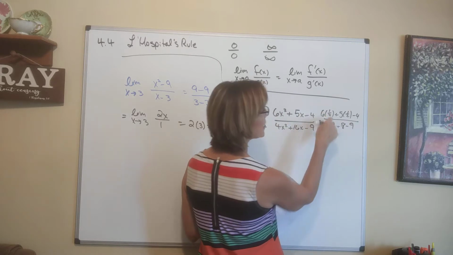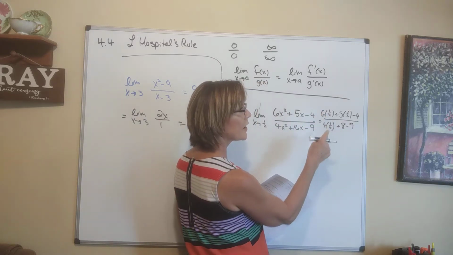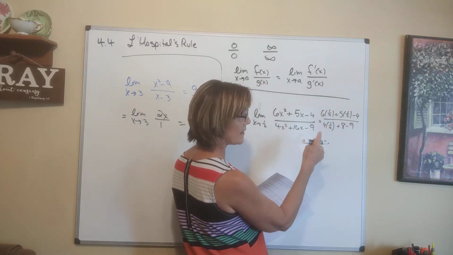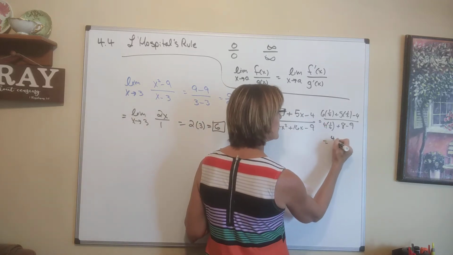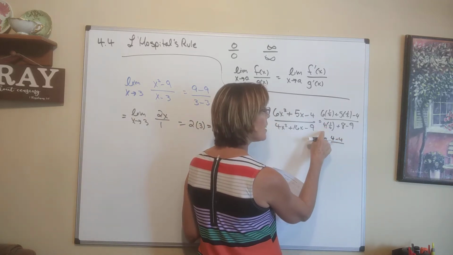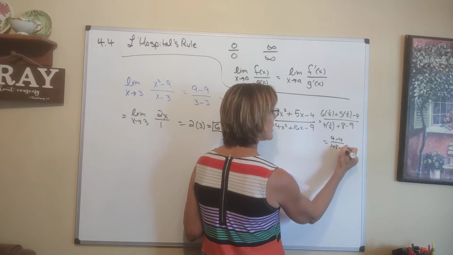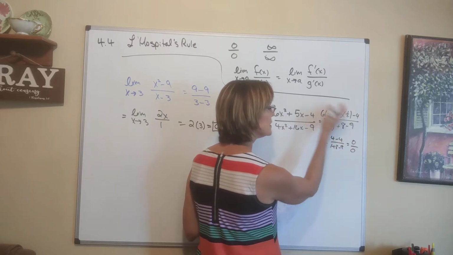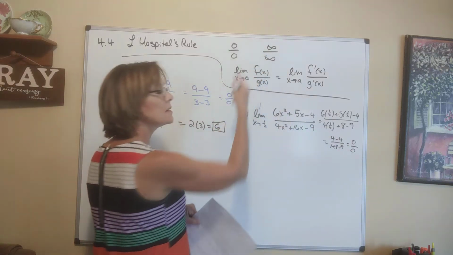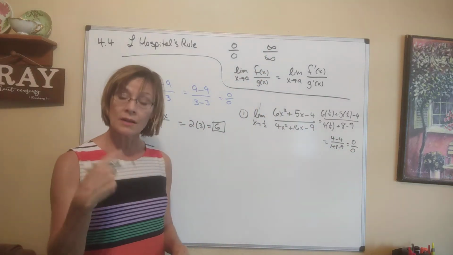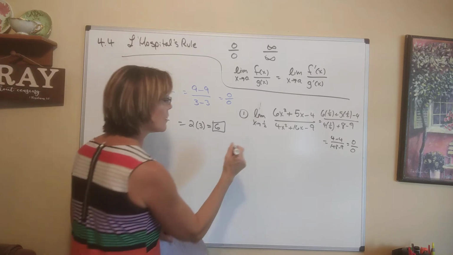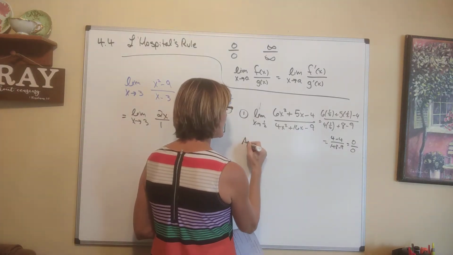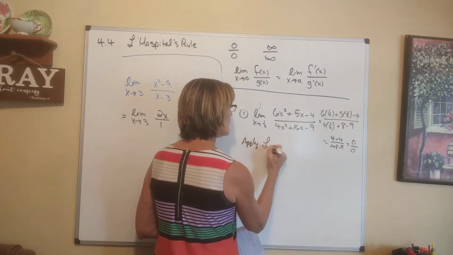And when you plug this in, you get 3 halves plus 5 halves, which is 8 halves, which is 4, minus 4 over 1 plus 8 minus 9. And 4 minus 4 is 0, and 9 minus 9 is 0. So this is an indeterminate form. We are allowed to use L'Hopital's rule. So now we're going to apply L'Hopital's rule.